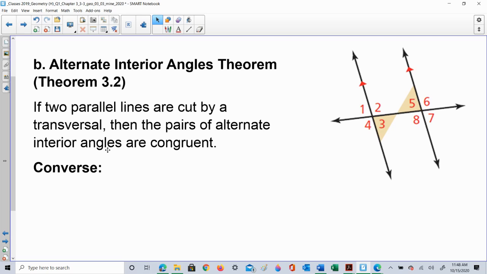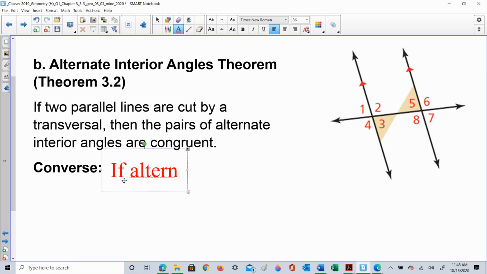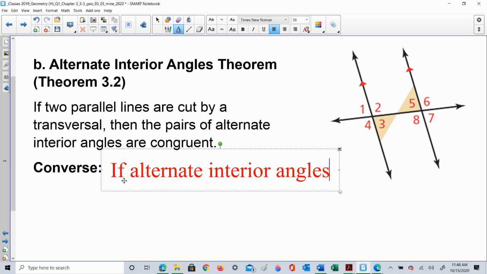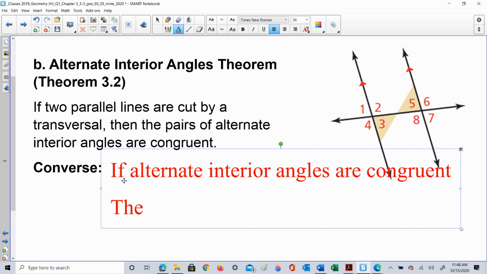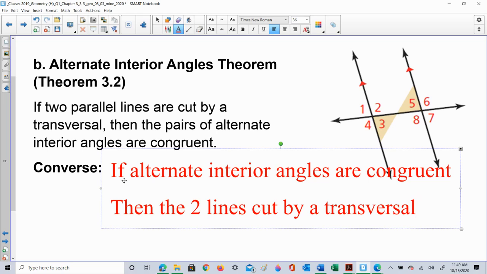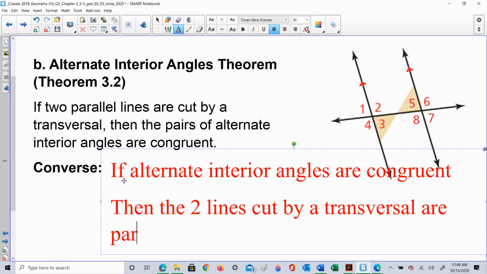So if alternate interior angles are congruent, then the two lines cut by a transversal are parallel.